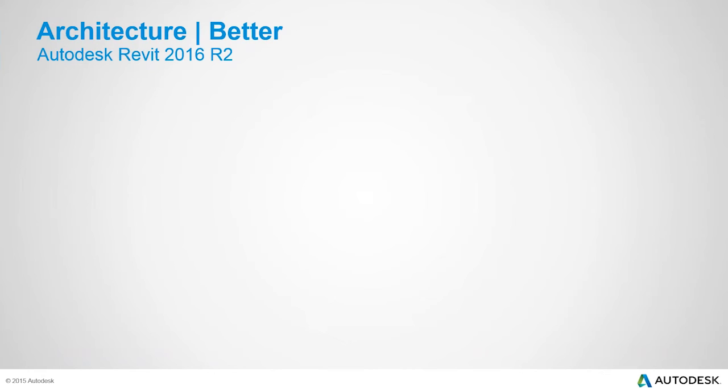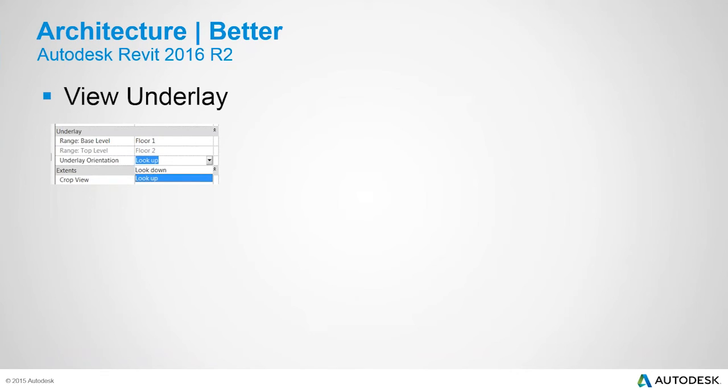View, underlay and orientation. Okay, what they've done here regarding the underlay is some user interface changes in 2016 R2, which better describes what we are actually seeing in the underlay.